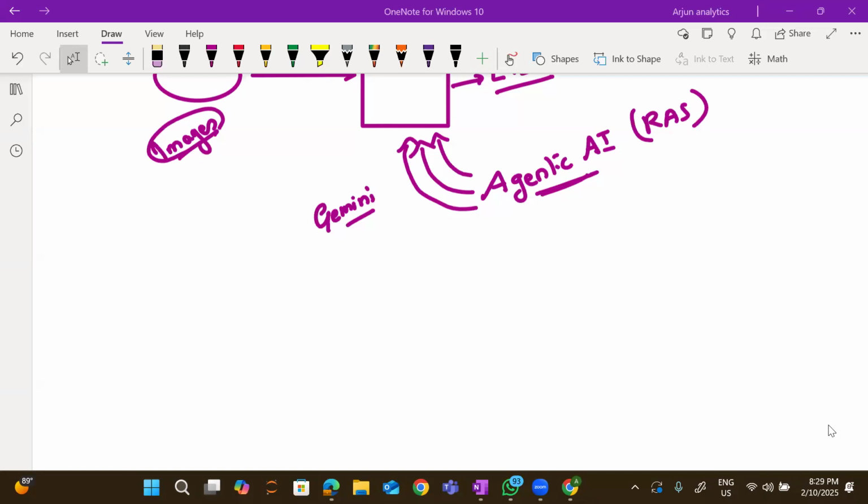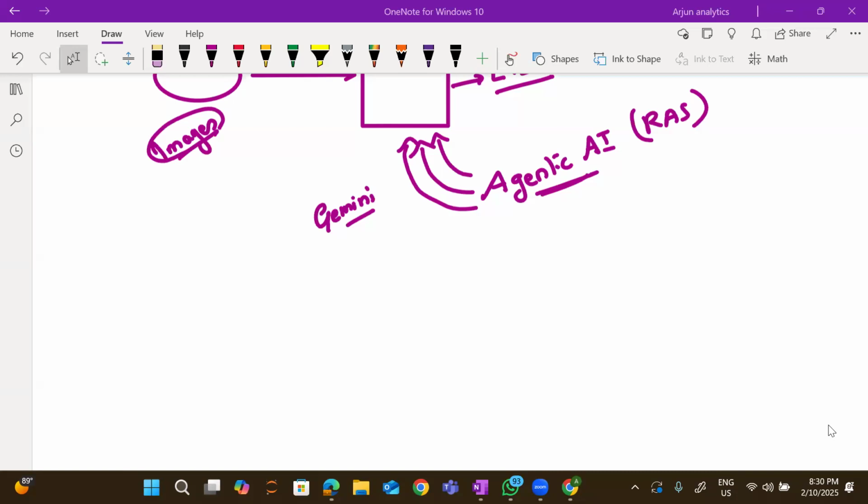For this type of data, you have to download that LLM to your local machine or local server and train it with your own data. That's what I said, this is called fine tuning.